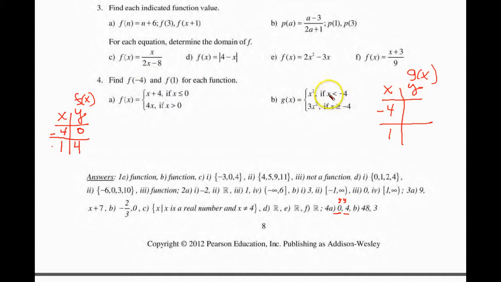So it says x is less than -4. Well, it took me a little time to understand what they're asking. But notice here in this function, y equals x squared, do we have any values that meet that criteria that x is less than -4?